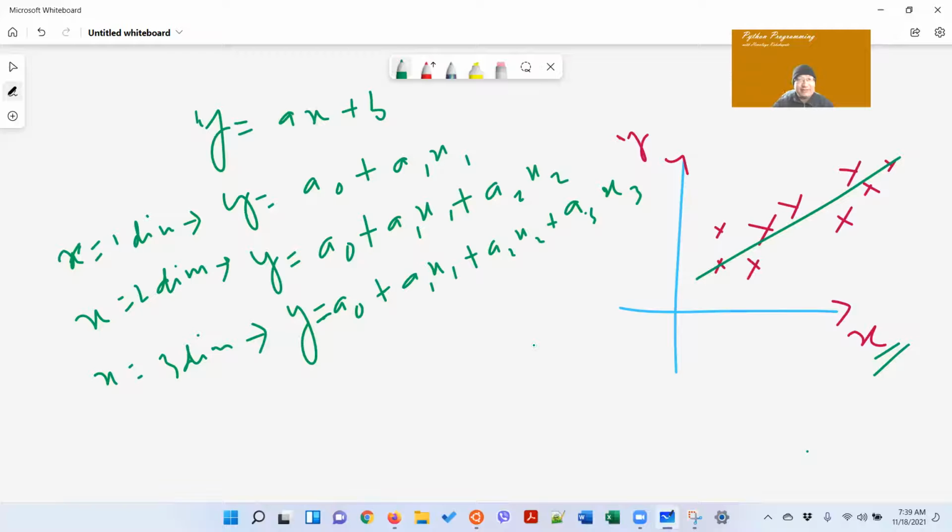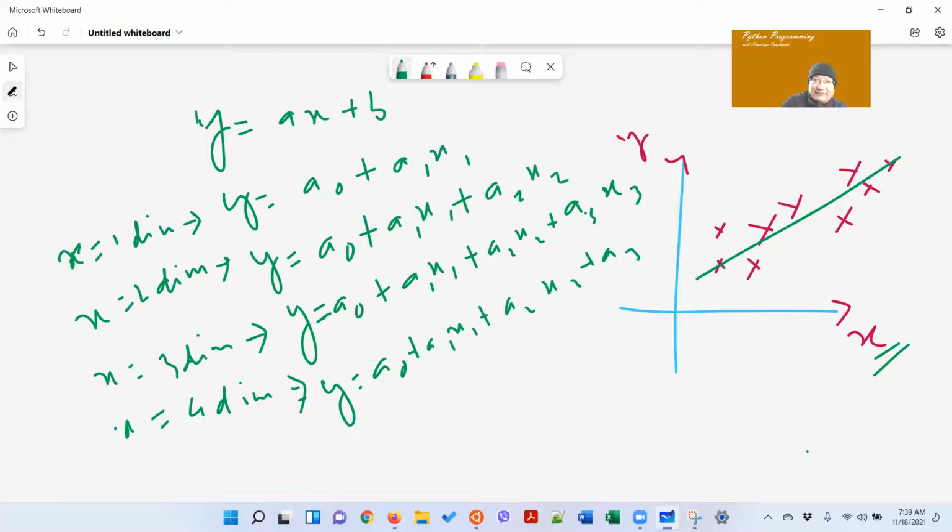x equal to 4 dimension भनेपछि अब यसको best fit कसरी आउँछ? What's the best fit भन्दाखेरि यसको 4 dimension मा गयो भने हाम्रो best fit के हुन्छ? y equal a0 plus a1 x1 plus a2 x2 plus a3 x3 plus a4 x4. यसले दिन्छ, which is this manifold. यो चाहिँ straight line, यो चाहिँ plane, अनि यहाँबाट manifold, high dimension manifold. Many fold भनेको विभिन्न folded, मतलब त्यो हुन्छ होला.